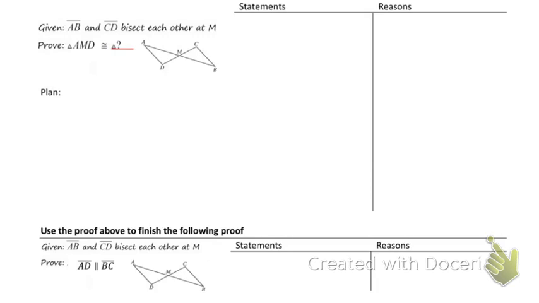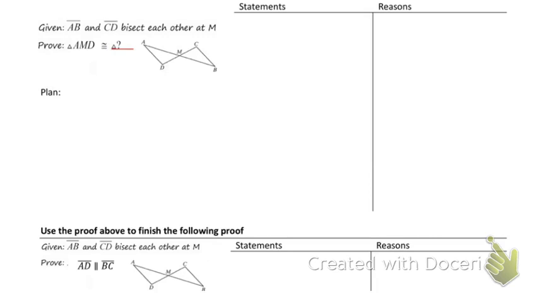All right, so we have AB and CD bisect each other at M. Here is what I do when I'm writing a proof. Notice it's like a sentence that gives us information that hasn't been given to us yet. So I stop right here, and in my head I say, what does it mean to bisect?